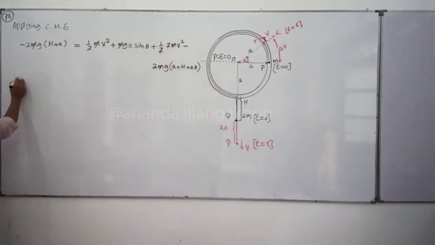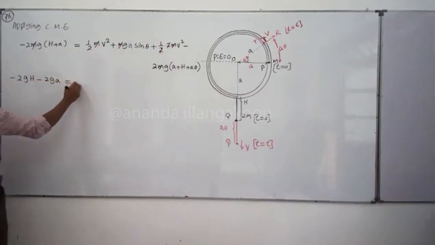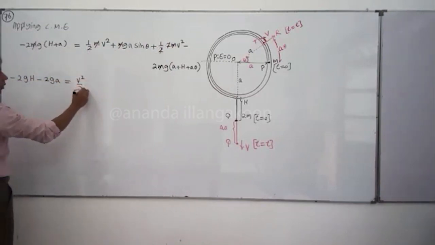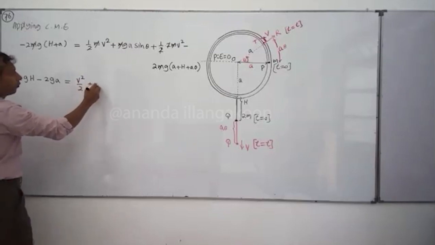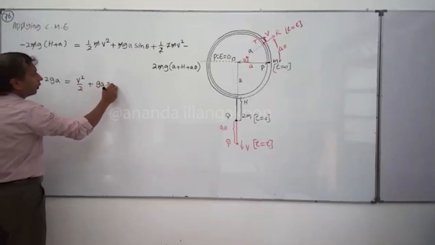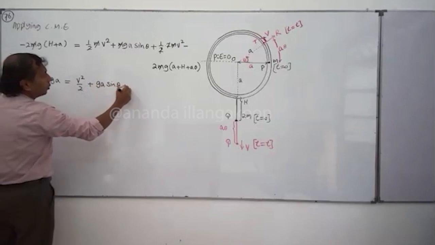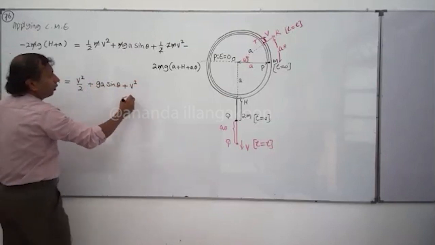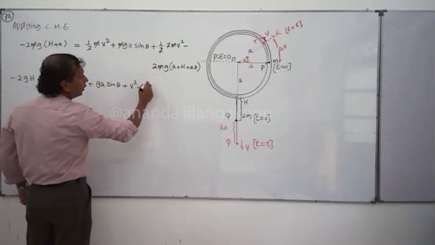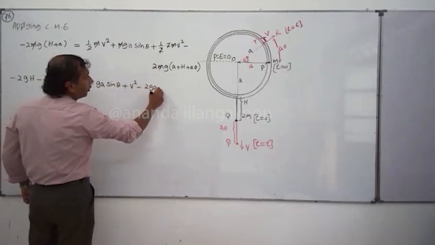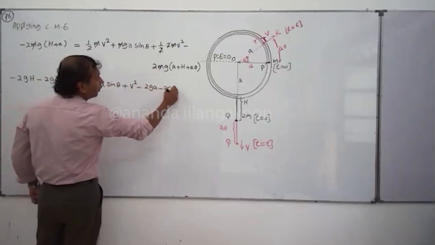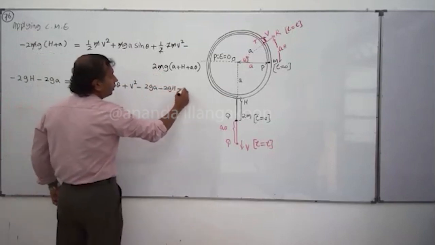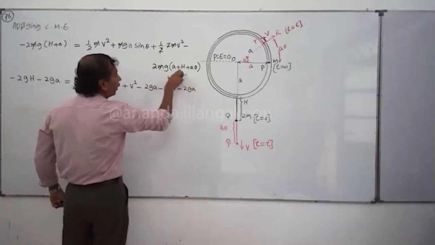Then we'll write, give the bracket here, minus 2gh minus 2ga equals v squared by 2 plus ga sine theta plus v squared minus 2ga minus 2gh minus 2g a theta.